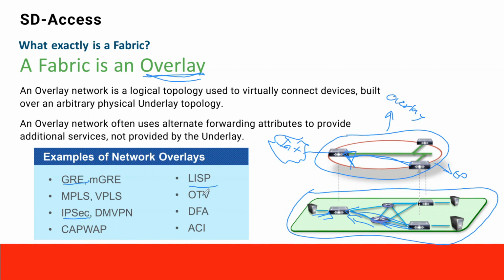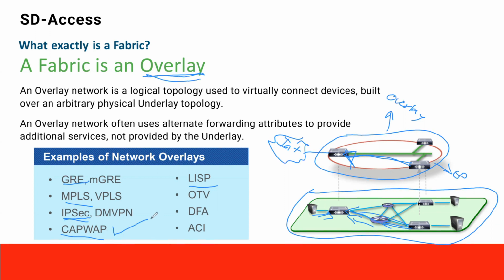Now LISP, MPLS, GRE, IPsec, or even CAPWAP, everything is an overlay network. CAPWAP, everyone is aware of from the wireless part. CAPWAP is how the access point registers with the wireless controller using this specific protocol.